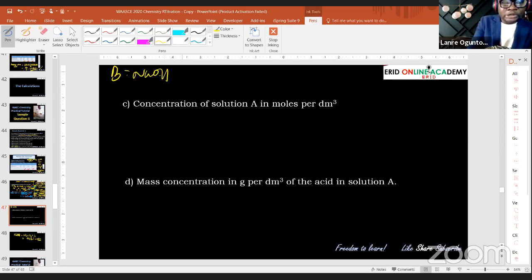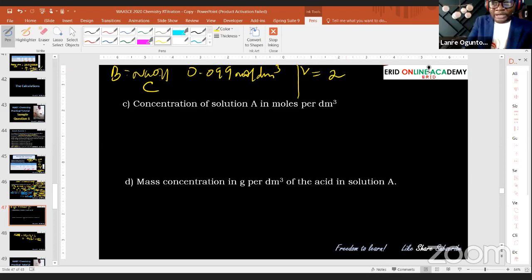We got 0.099 moles per dm³. So we know Cb, the concentration of the base. Then we also know the volume of base that we use, which is 25 ml from your pipette.